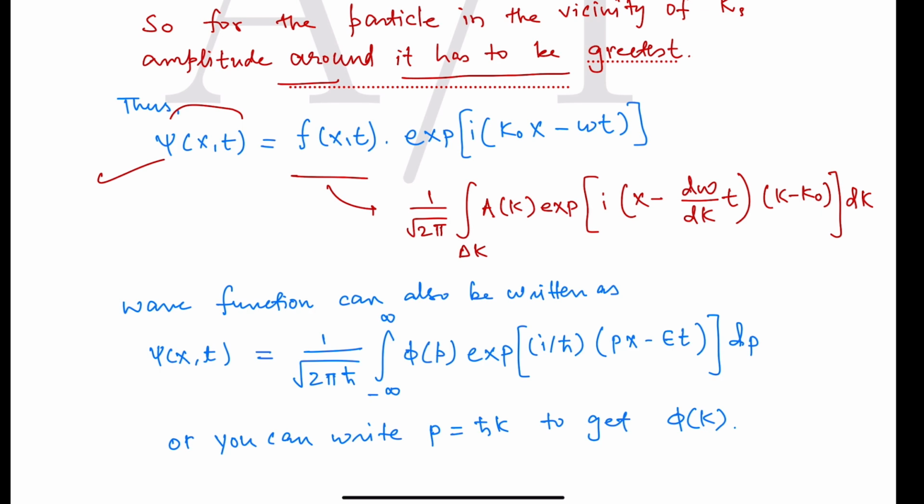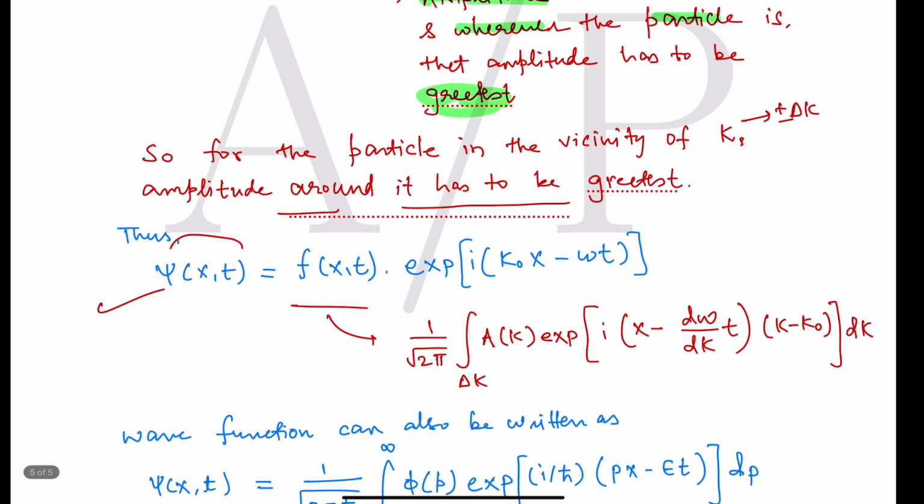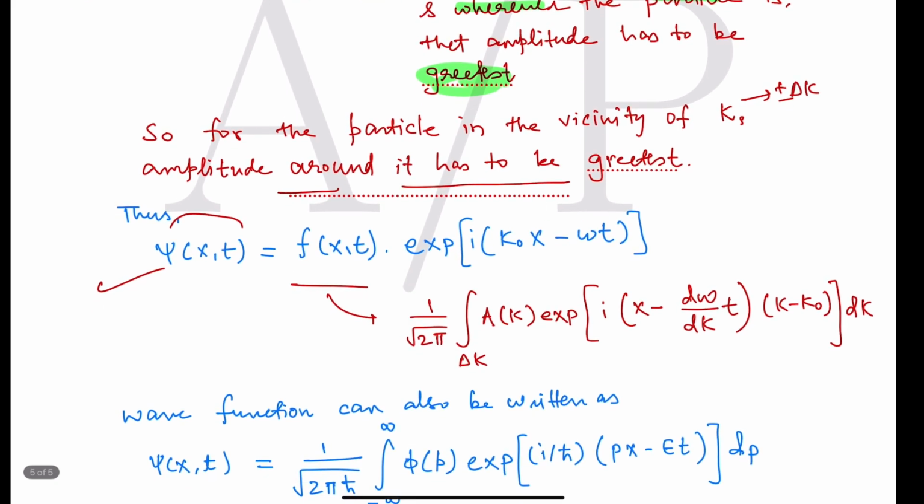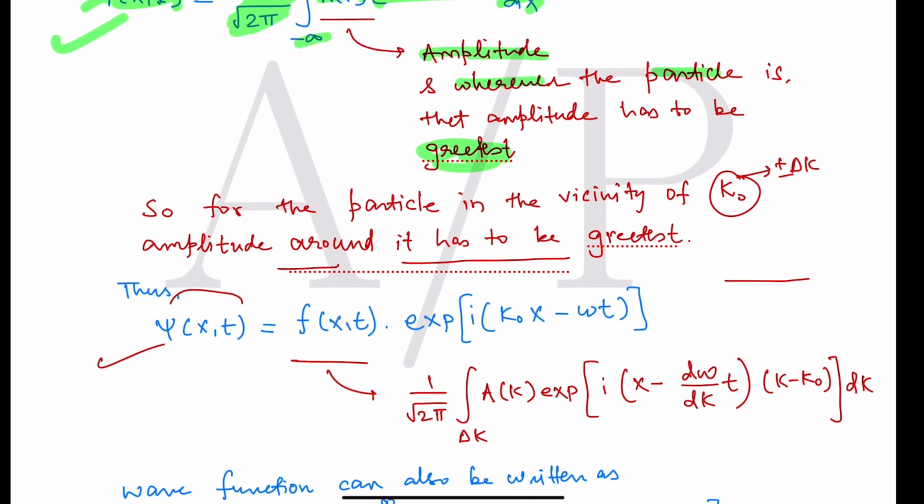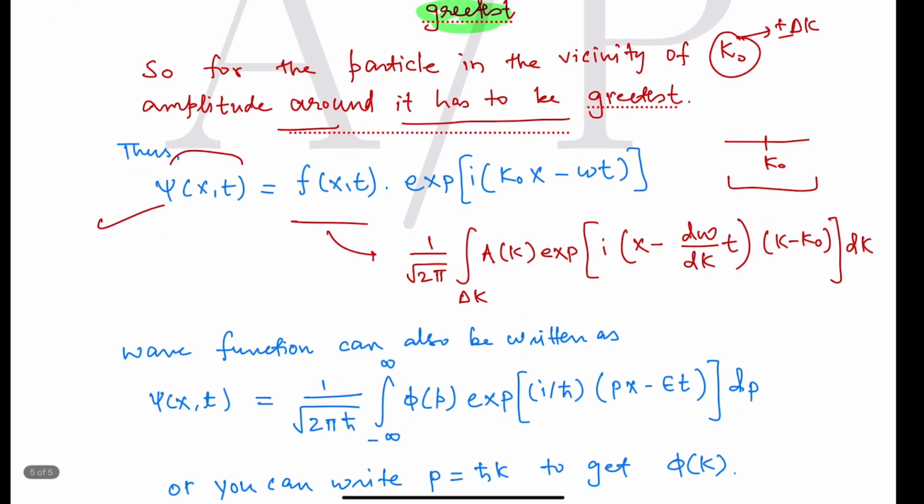Thus, we could write that this wave function will be given by a function multiplied by exp of i(k naught x minus omega t). So we have assumed that this is k naught. Suppose our particle is in the vicinity of k naught. This is the space, this is k naught, and the particle is somewhere in between as per its amplitude.